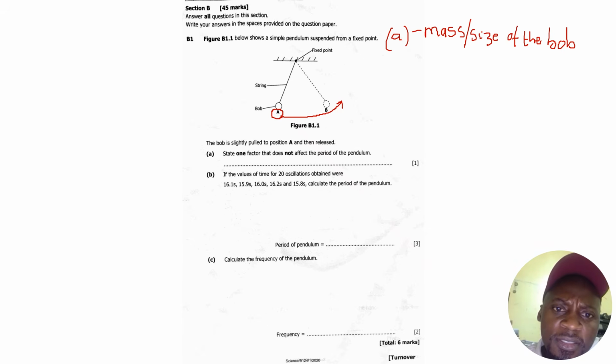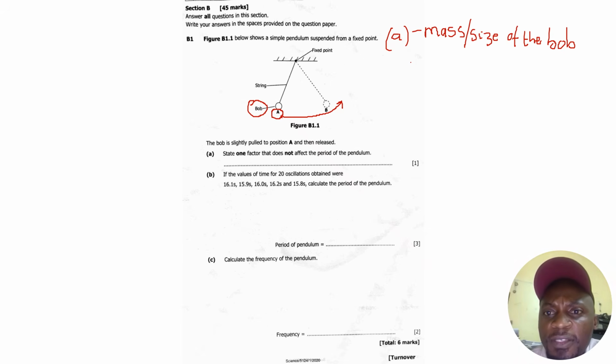So regardless of the mass or the size of the bulb, it does not affect the period of the pendulum. Whether we use a bulb which is of small size, a big size, having more mass or less mass, it won't affect the period of the pendulum.